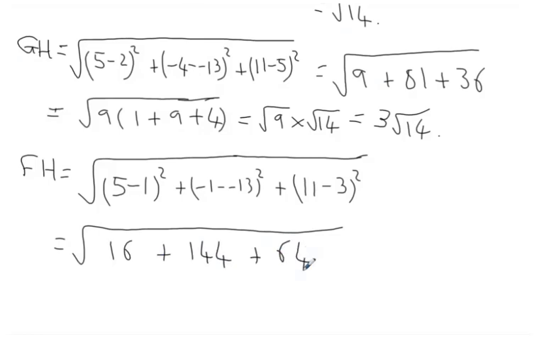Again, we look for common factors, and I think 4 looks good, but actually I think potentially will 16 go? 16 will definitely go into 16 and 64. Will it go into 144? So what you could do, if you want to divide by 16, you could think, well, 2 times 2 times 2 times 2 is 16.